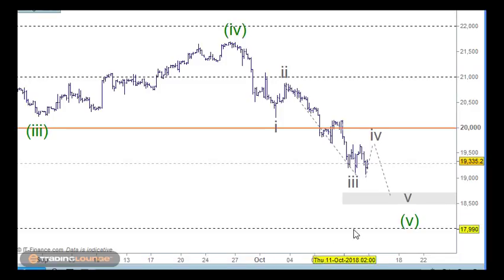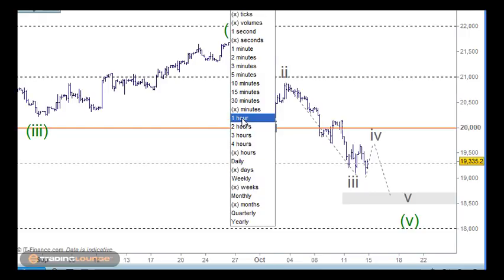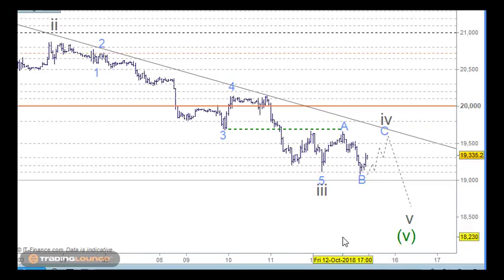So on Italy, it's clear that we've got 1, 2, 3, 4, 5 down here, and then we've got the wave 2 here, and then I'm considering all this third wave down into this space. We're also working through a 4th wave here. So on the hourly chart, just to drill in a little bit, from wave 2 here, I've got wave 1 and 2, all the way down for 3 and 4 here.